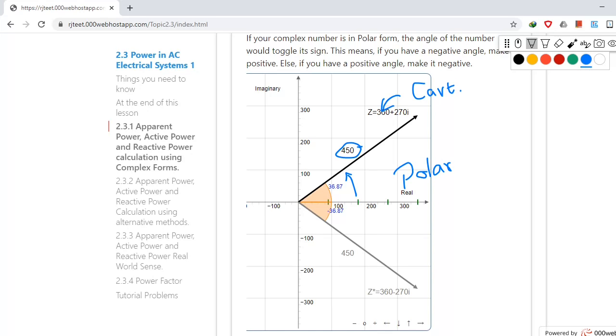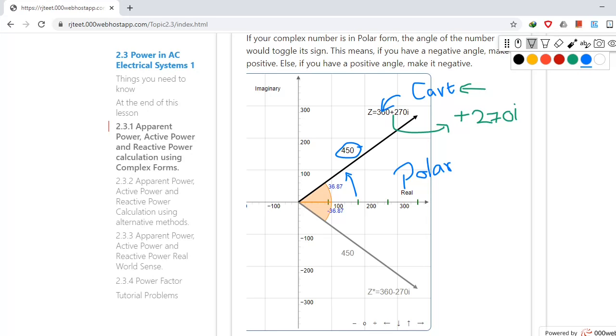If your complex number is given in Cartesian form, all you have to do is take the sign of the imaginary part and invert it. In this case, the imaginary part is plus 270i, so all you need to do is invert it.